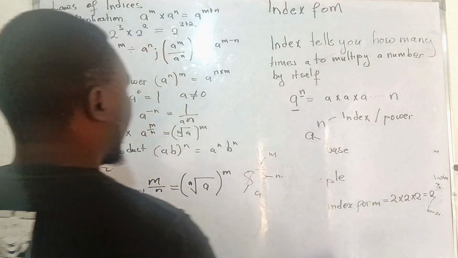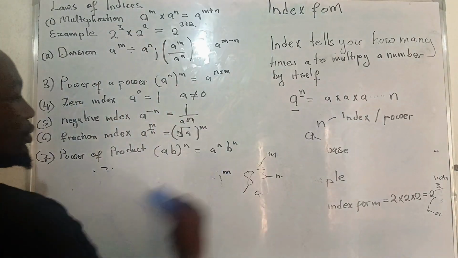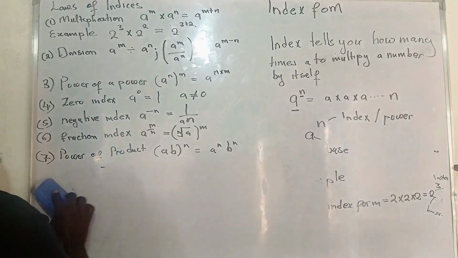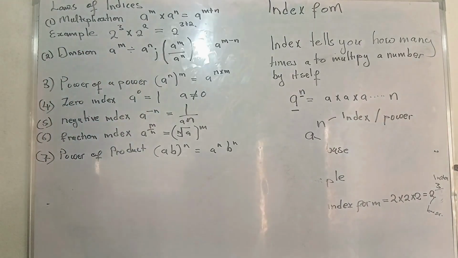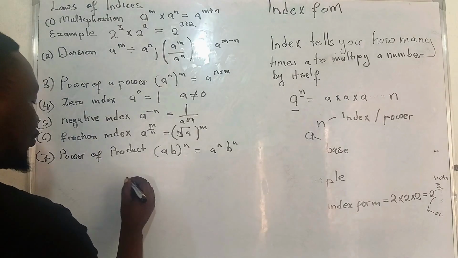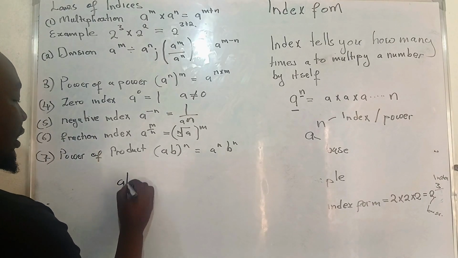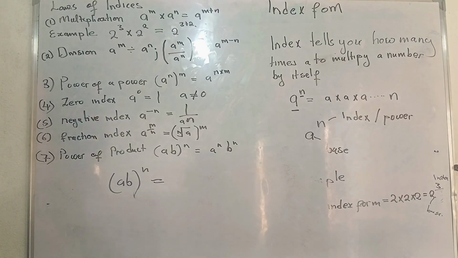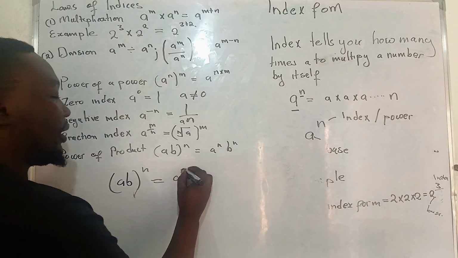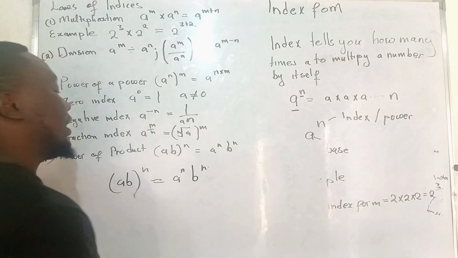So let's talk about the power of a product. You might have two numbers, a and b, to the power n. This is equal to a to the power n, b to the power n.